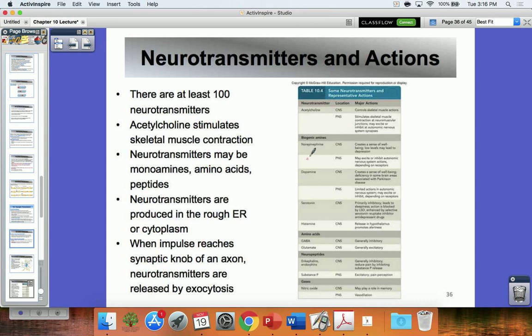We also have things like norepinephrine, dopamine, and they all kind of do different things. I won't ask whether or not certain neurotransmitters are excitatory or inhibitory, but do know that different neurotransmitters can do different things. And they're all going to be carried to the synaptic knob and released via exocytosis.